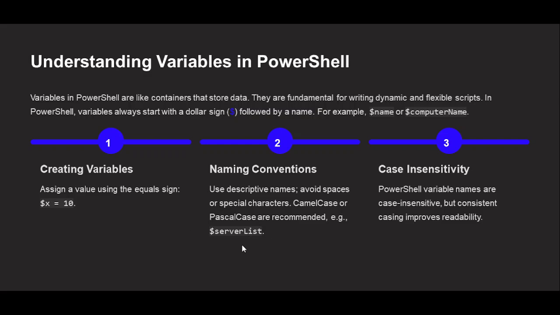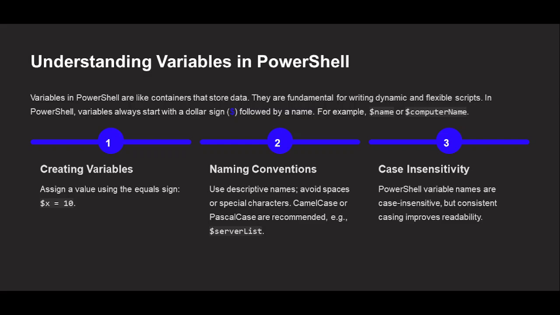Whenever I write this variable, everyone can understand that it contains a server list. Variables in PowerShell are not case sensitive, but it is always recommended that whichever case you define the variable in, you use the same case throughout the script.